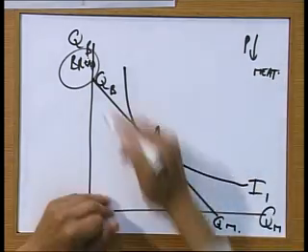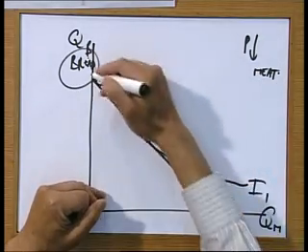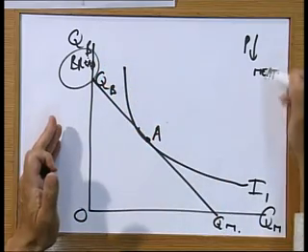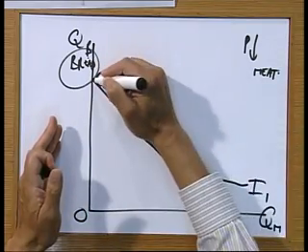Now, if the price of meat falls, right, what will happen with the budget line? And that is basically, what will happen with the consumer's indifference curve. So, if you look at the original budget line, because the price of meat has fallen, what will happen now with the budget line?